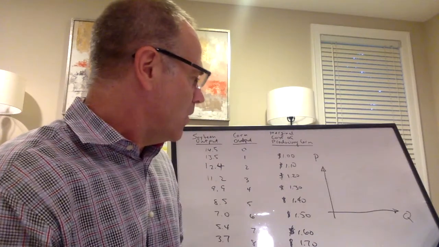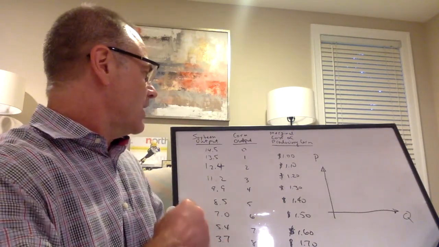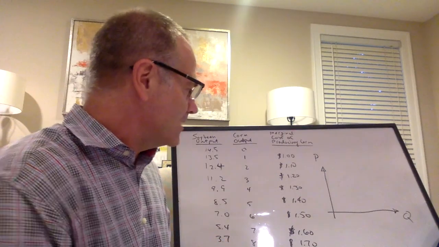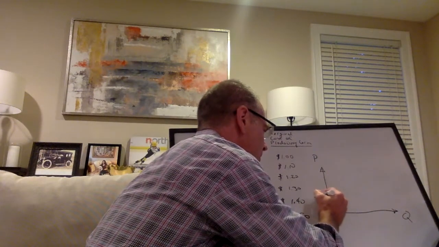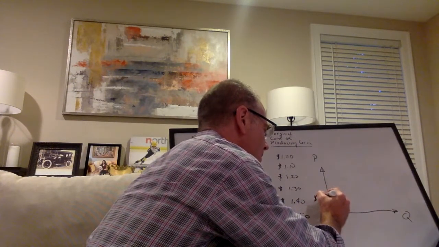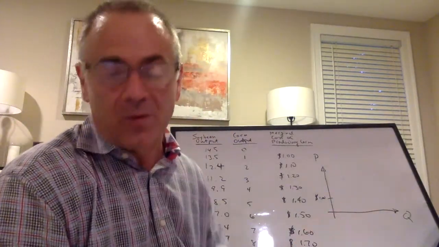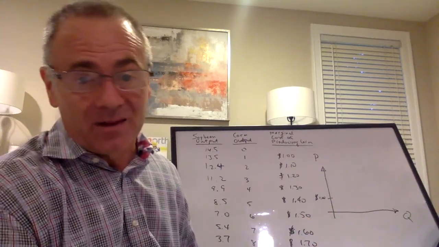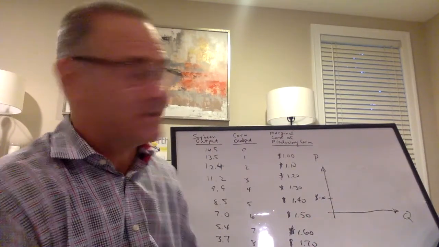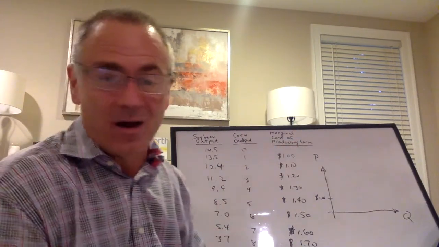Given that, what we say is, first, if the price were $1, how much would the farmer be willing to produce? By the way, if it's less than $1, he's not going to produce any. He's going to say, look, if I get a price of only 90 cents, I'm not going to produce any corn.